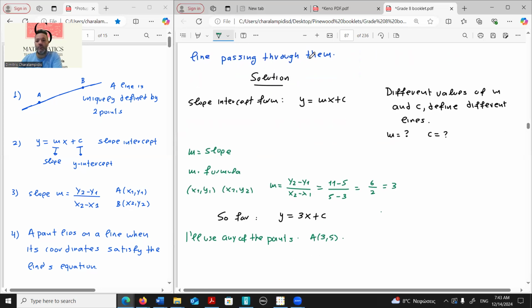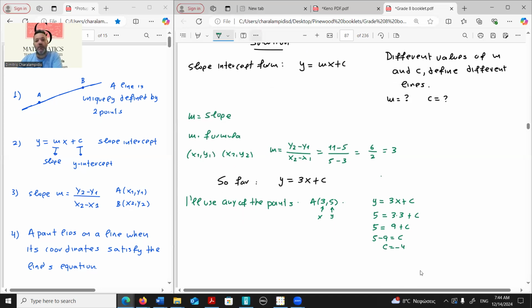I'll go to the so far found line, y equals 3x plus c, and put 3 instead of x, and 5 instead of y. So 5 equals 3 times 3 plus c, 5 equals 9 plus c, from where we get that c is equal to -4. And finally, we did it.